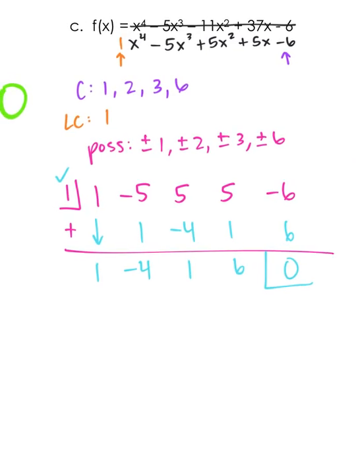Now at this point, I still have 4 numbers here, which means I've got an x cubed, an x squared, an x, and a minus 6. I could try to factor this, but I can definitely at least use synthetic division. Now we can get duplicate answers, so I'm going to go ahead and try 1 again, but I'm going to use my new coefficients here: 1, negative 4, 1, and 6.